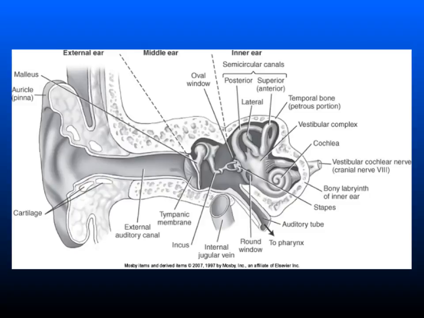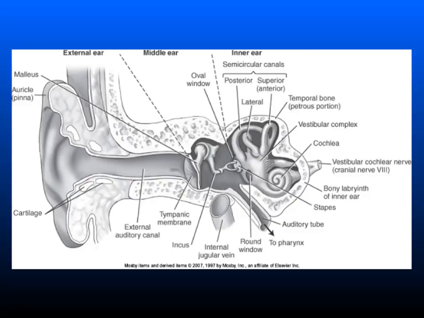Then you get into the middle ear, which has the eardrum or tympanic membrane. The middle ear also has the 3 very small, very important bones in the body. So the incus, malleus, and stapes, all 3 bones that are kind of hanging in mid-air in the middle ear.